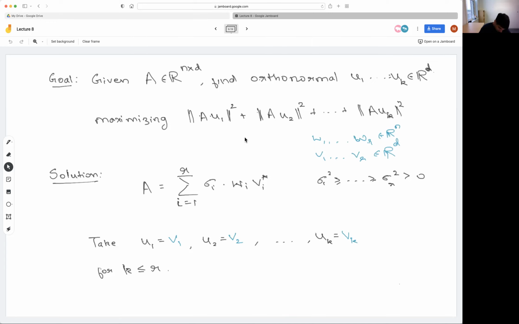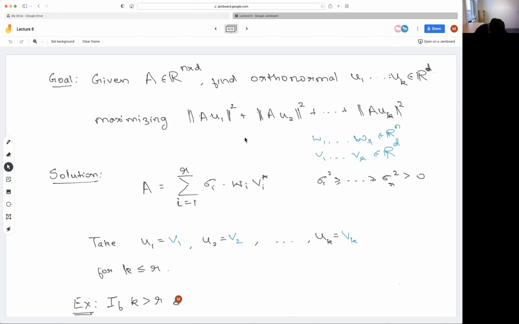Now, a question about what happens when k is greater than r. Here, if k is greater than r, then the error is 0.